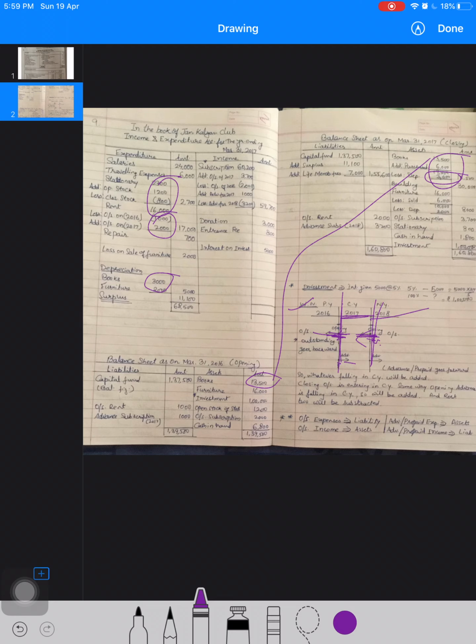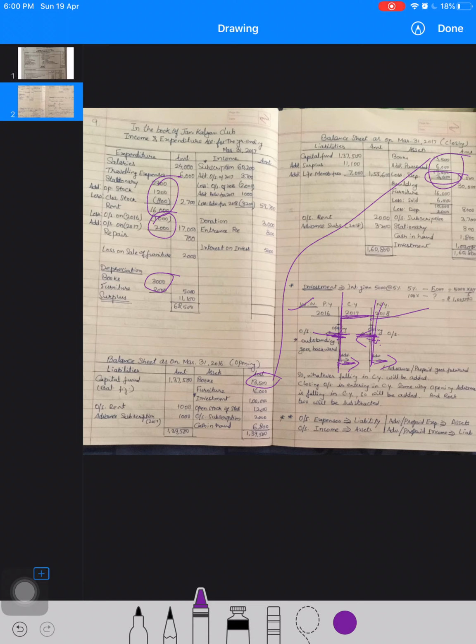So if it is the opening advance, it will be entering in our current period. Now if it is at the closing, like on 31st March 2017, it will go front step, but it will enter in next year. Got it?